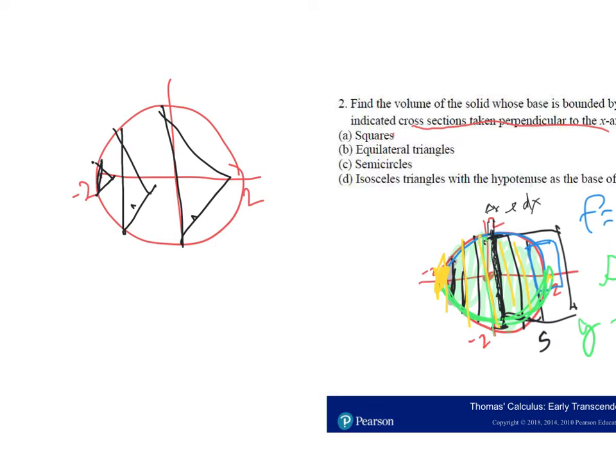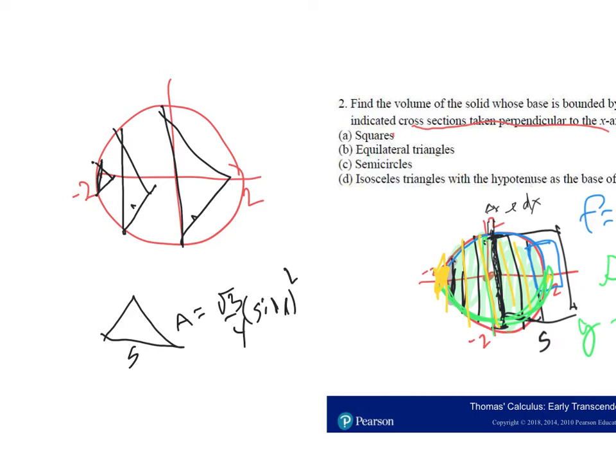If I only knew the formula for the area of an equilateral triangle. What was that formula? If you forgot, go back. So area was square root of 3 over 4 times the side squared.